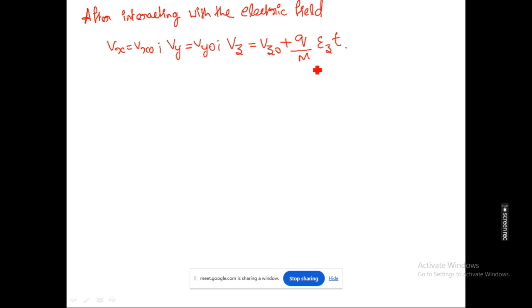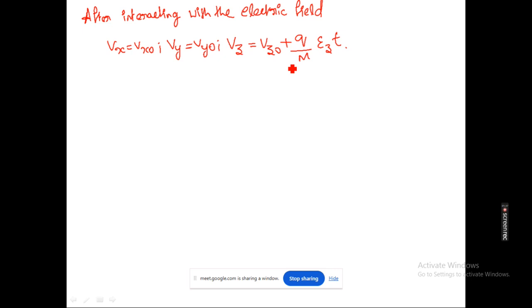So Vz will have an extra component like this, whereas in the x and y directions, the velocity will be the same after the particle experiences the electric field as the initial velocity.